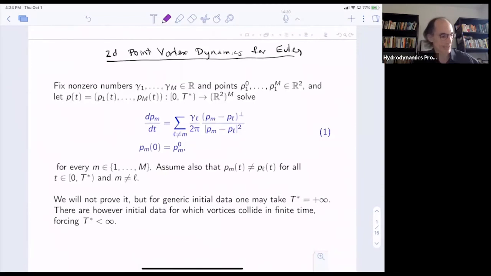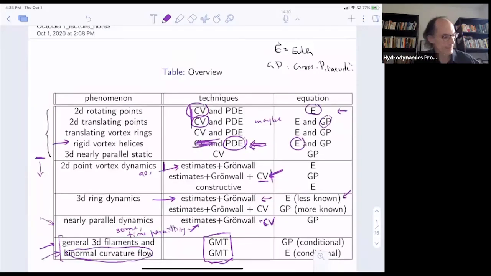Actually, let me go back here for a second and say, a lot of these variational arguments have a similar character. And for some reason, this translating vortex ring was the problem that historically captured a lot of attention. When the first solutions were constructed, it was a 50-page paper in Acta Mathematica, one of the top journals, in 1972, a long time ago.